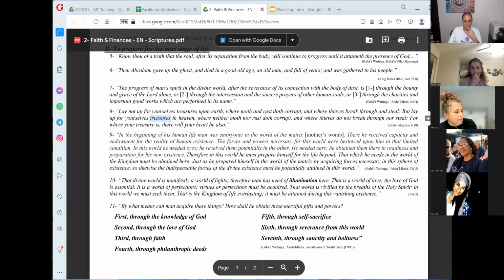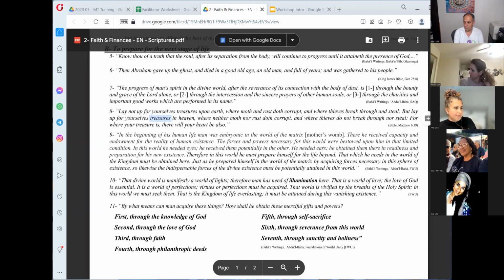In the beginning of his human life, man was embryonic in the world of the matrix, mother's womb. There he received capacity and endowment for the reality of human existence. The forces and powers necessary for this world were bestowed upon him in that limited condition. In this world, he needed eyes. He received them potentially in the other. He needed ears.